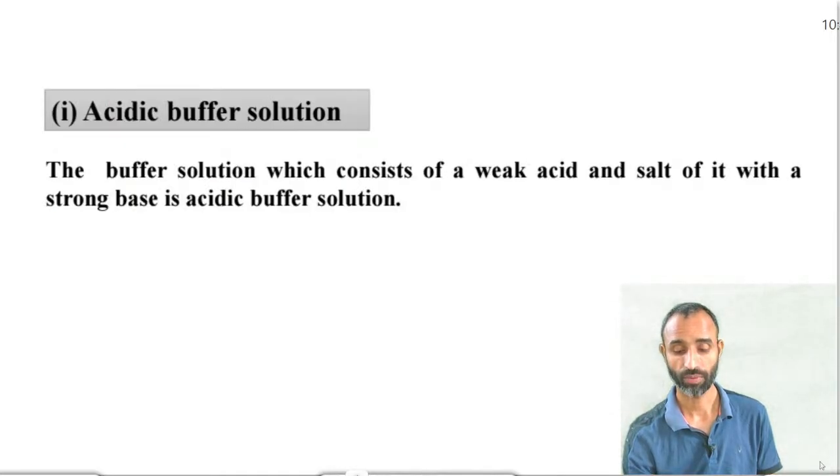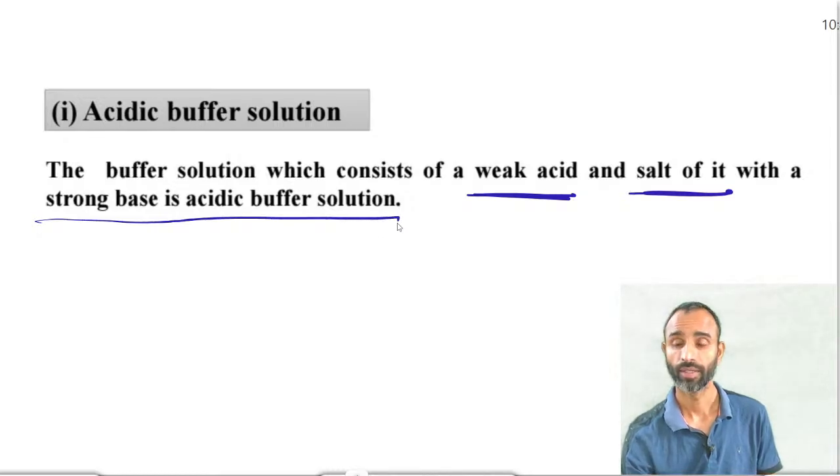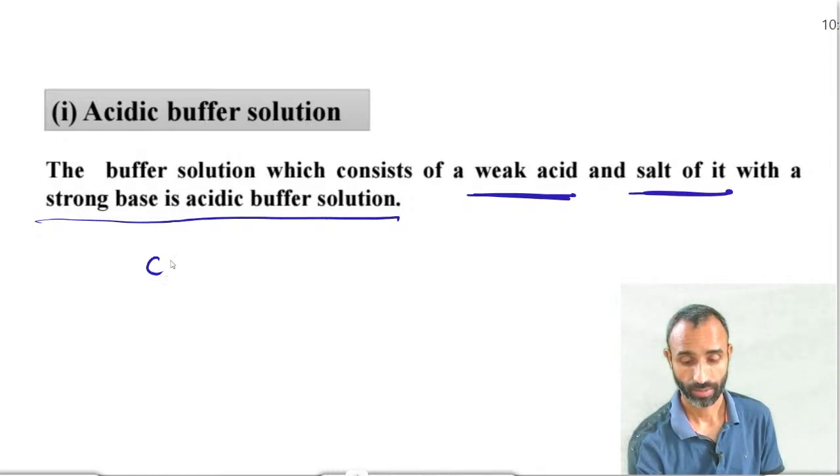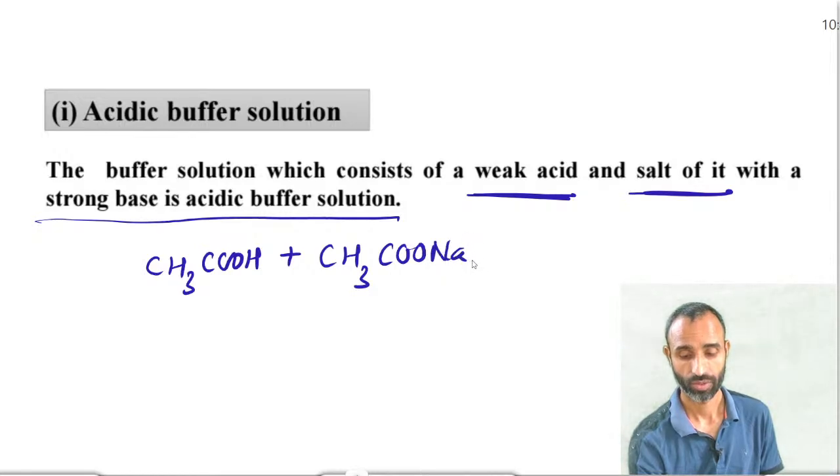So an acidic buffer means one which consists of a weak acid and its salt with a strong base, like we have acetic acid along with sodium acetate.